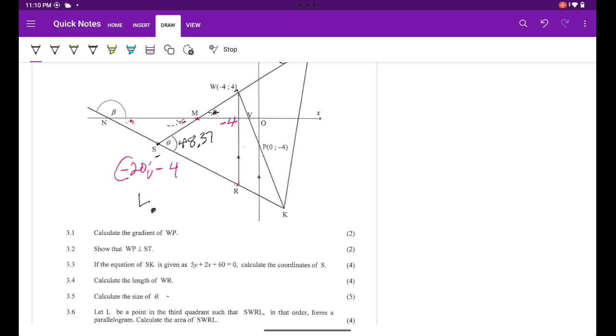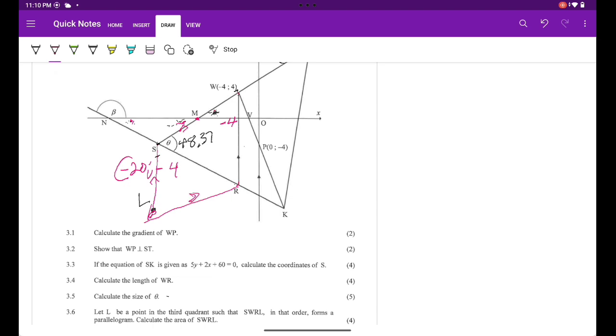Right, they're saying this forms a parallelogram. So it means we have some parallelogram there. Okay, something like that. So this line is parallel to this line, and this line is parallel to that line.